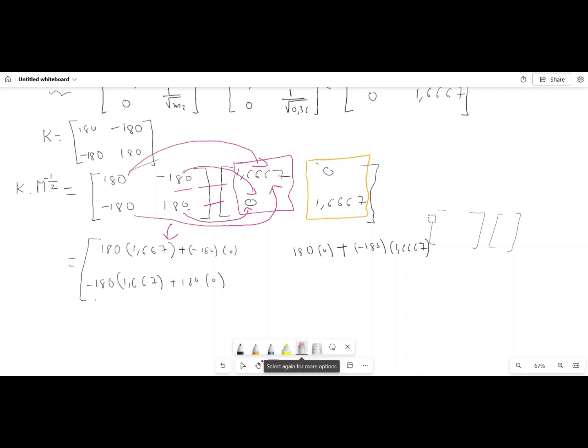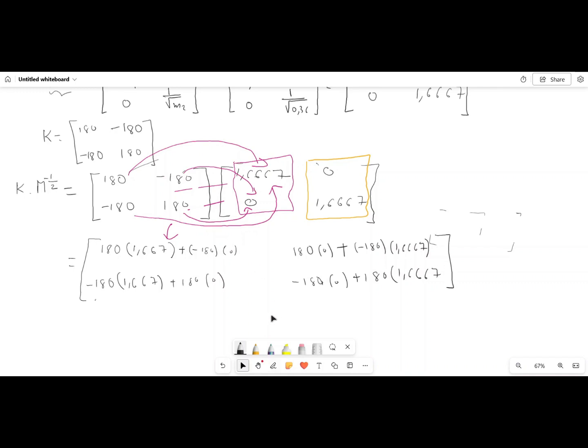So literally, if I can summarize it easily, you use the first row to fill the two first row here. You use the second row to fill the two at the bottom. Now on this one, I will go minus 180 times 0 plus 180 times 1,6667. Now I close my matrix.